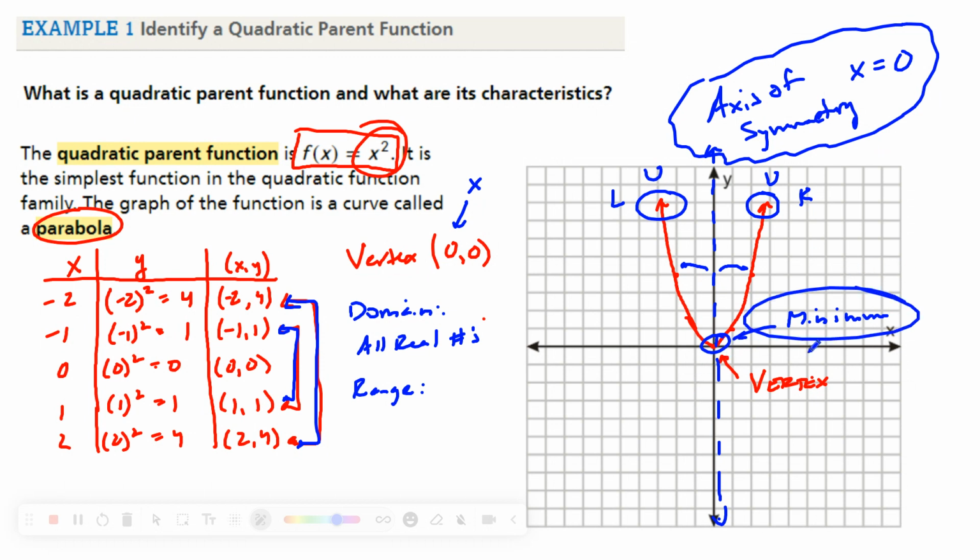That's a huge deal. Your vertex can act as a minimum, or your vertex can act as a maximum, and we'll talk about the differences going forward. But that minimum y value is 0. Because this parabola opens up, our range is y is greater than or equal to 0. And equal to, because it can be 0. So it's going to be one direction.